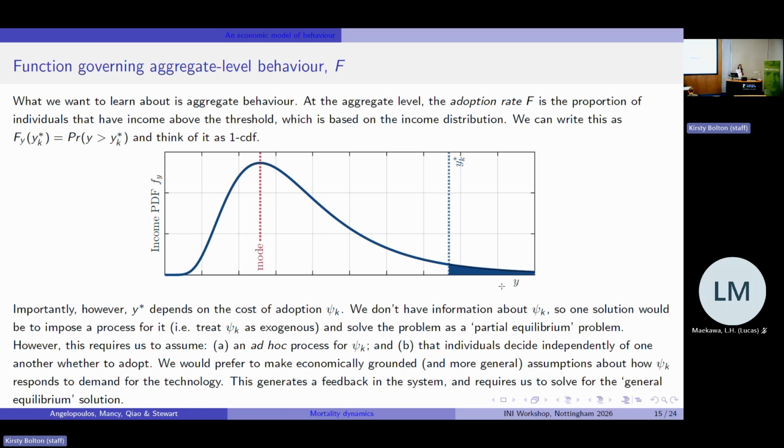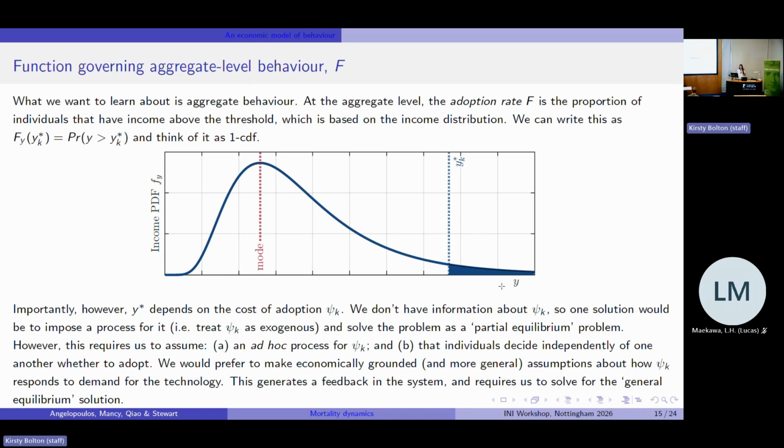We say, for example, technology gets cheaper over time, and solve the problem as what economists call the partial equilibrium problem. But if we do that, then we have to assume an ad hoc process for psi k, which we don't know, and the individuals decide independently of one another whether to adopt.